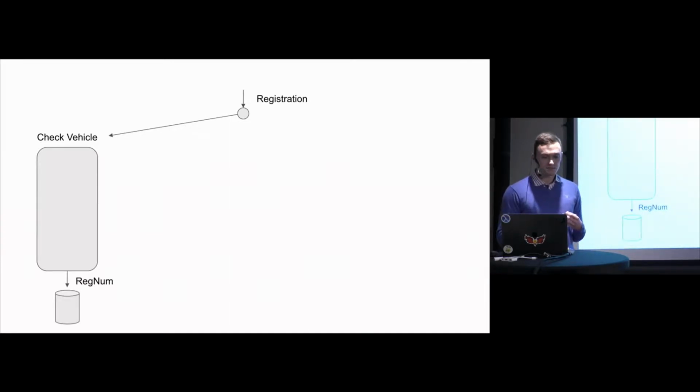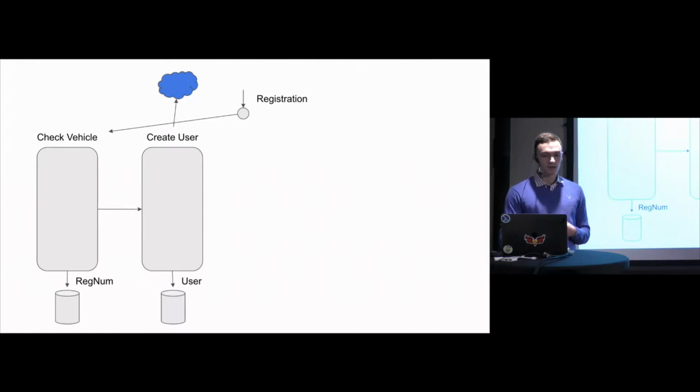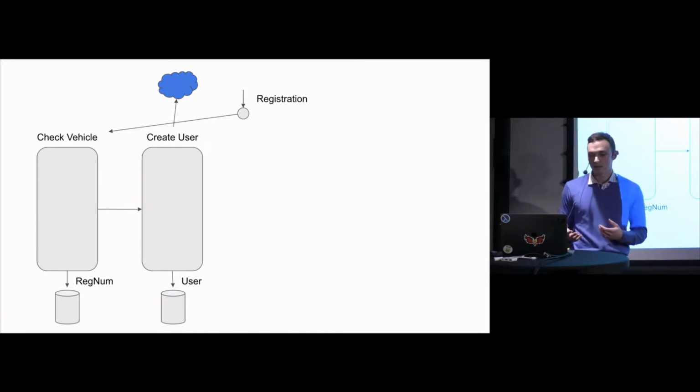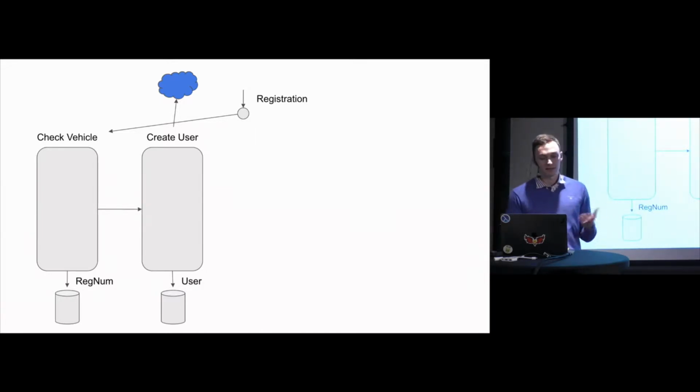When we've done that, we store this vehicle on the device because we couldn't store it on the server, because there is no connection between vehicle and user yet until he pairs. Only then we can create a user, and the user needs to provide an email address, password, and some information.